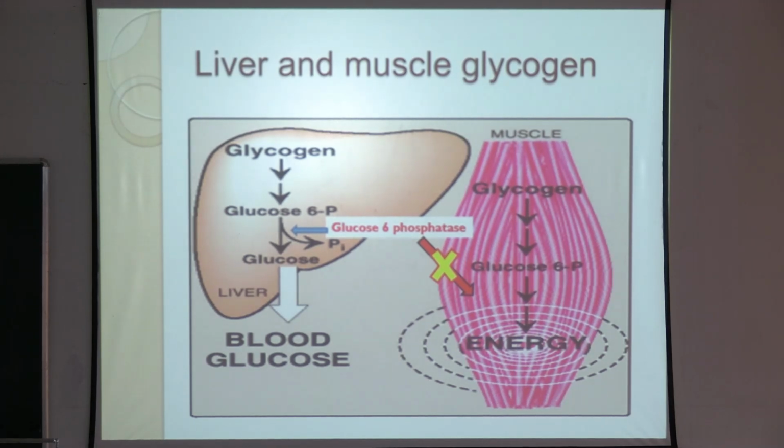Okay, so deficiency of this enzyme leads to a storage disorder, glycogen storage disorder.